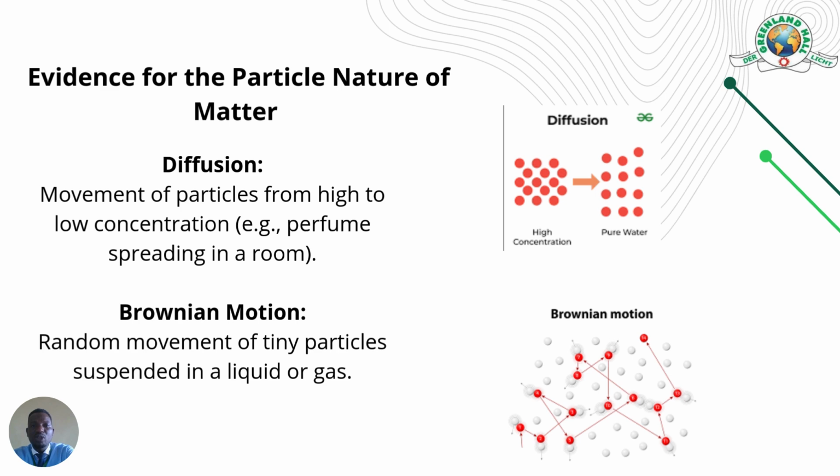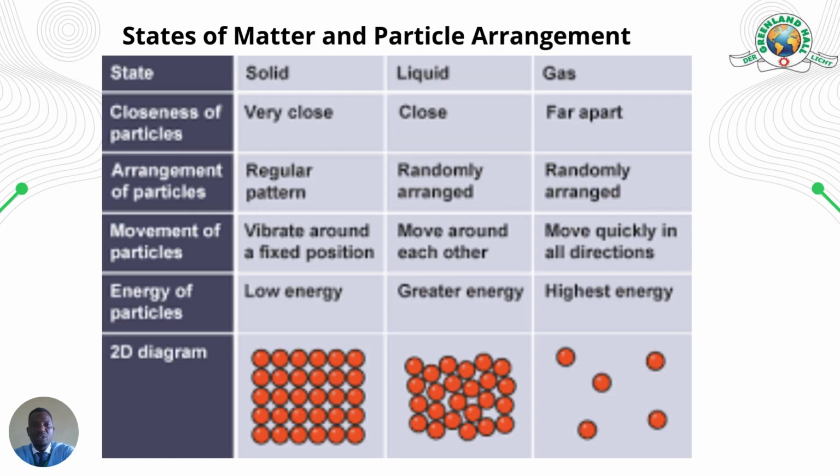You can see that the particles are more compressed together, unlike at the destination, where you can see the particles are more scattered. Then look at that of the Brownian motion. Their movement is just in a zigzag manner. An example is when you put a pollen grain in water, you see the particles moving randomly, or smoke particles. To the next slide.